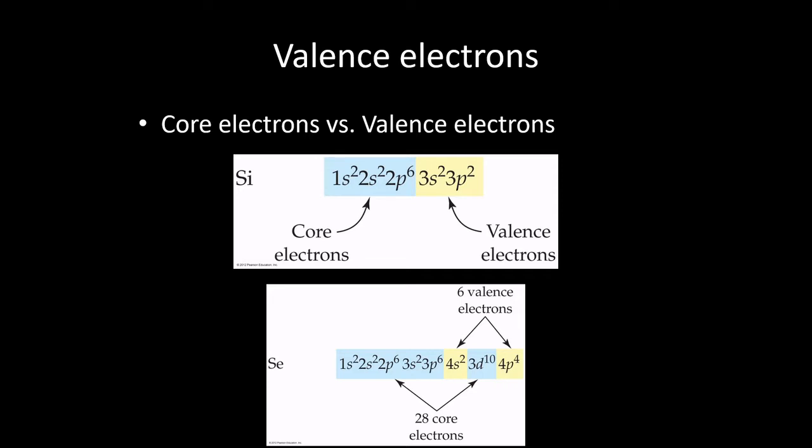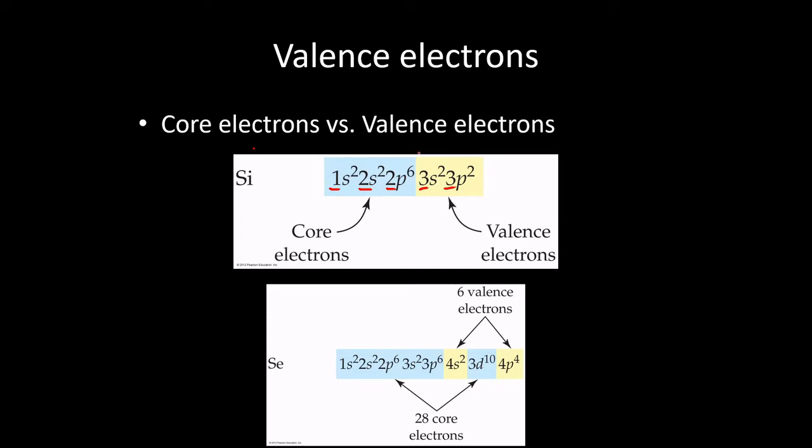Now I'm going to explain to you how we tell the difference first, and then I'll explain why we care. A valence electron is any electron that is in the highest occupied principal shell. Remember, the number at the beginning of the electron configuration sections, where it's describing an orbital or a subshell, those are the principal quantum numbers.